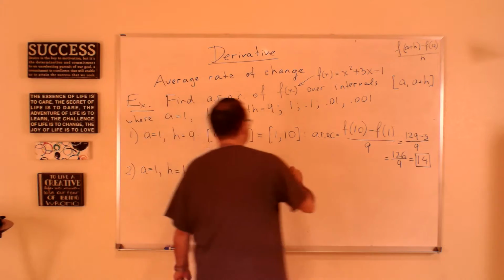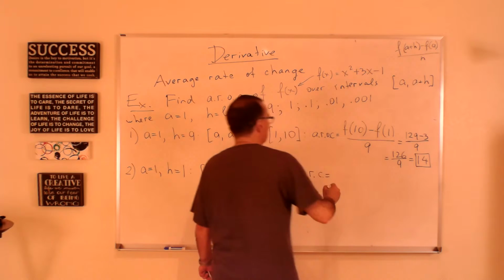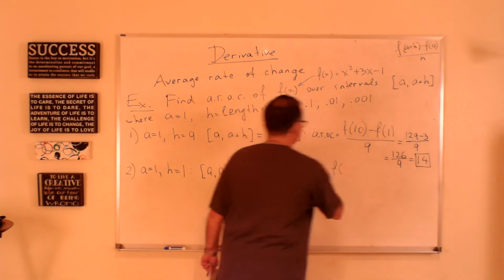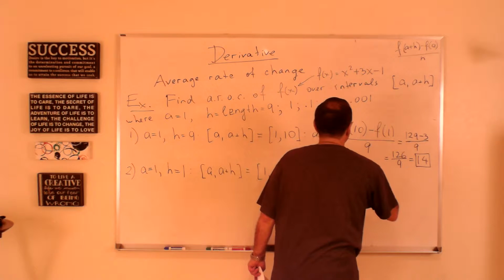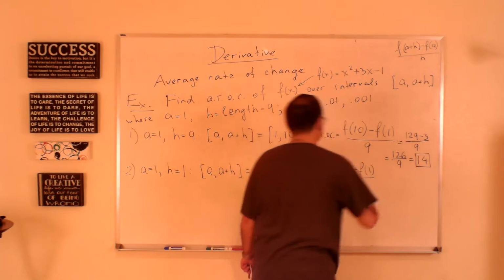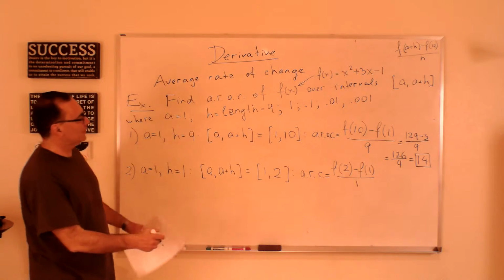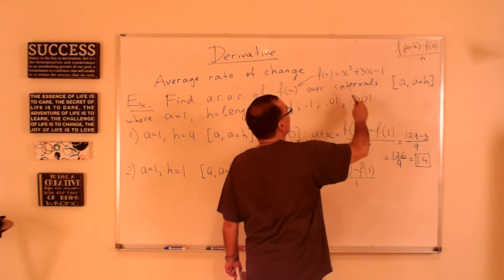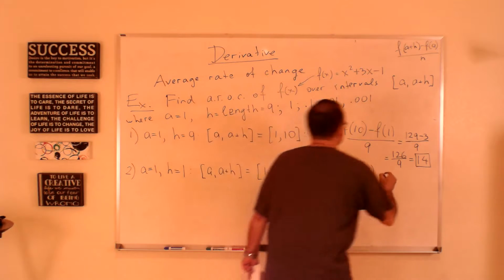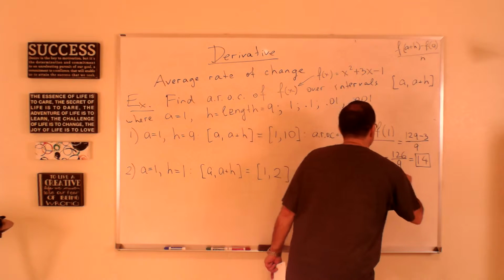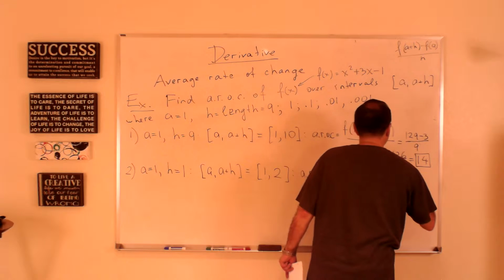And again, average rate of change can be calculated as f of a plus h, which is 2, so f of 2 minus f of 1 over 1, because h equals 1. Again, plugging in 2 is not hard, so 2 squared is 4, plus 3 times 2 is 6, 4 plus 6 is 10, minus 1 is 9, so we have 9. We have 9 minus f of 1 already calculated, it's a 3, over 1, the answer is 6.